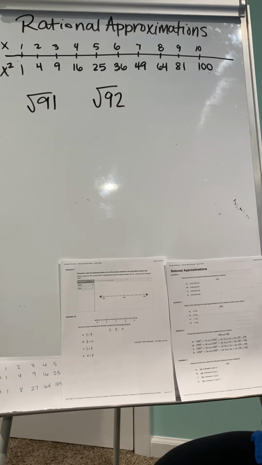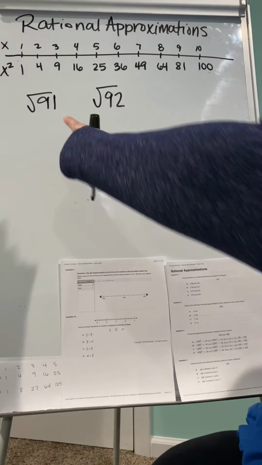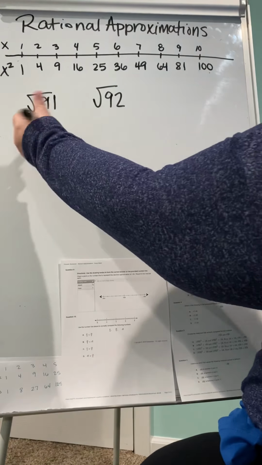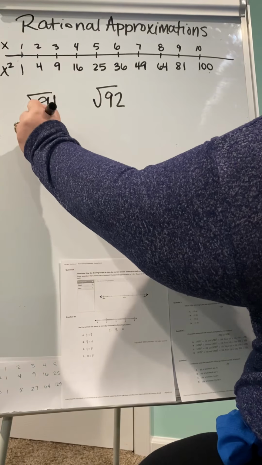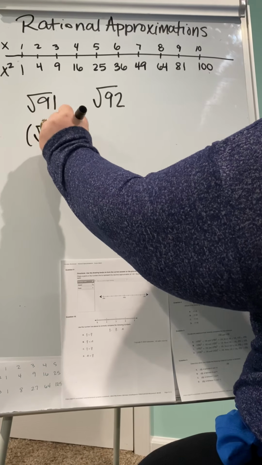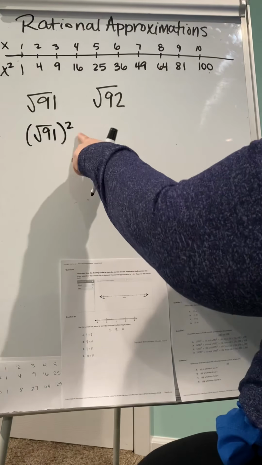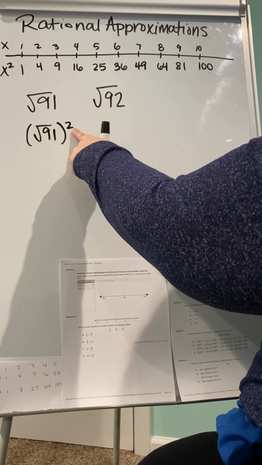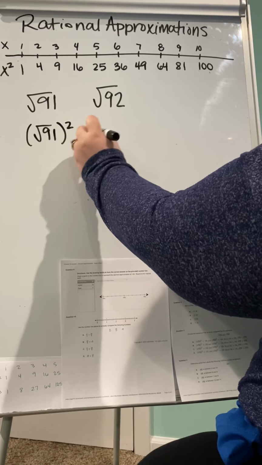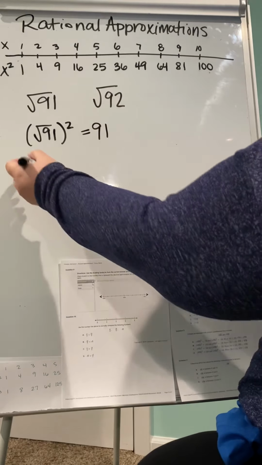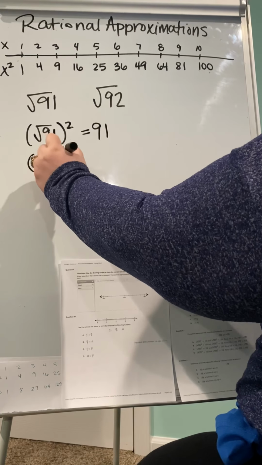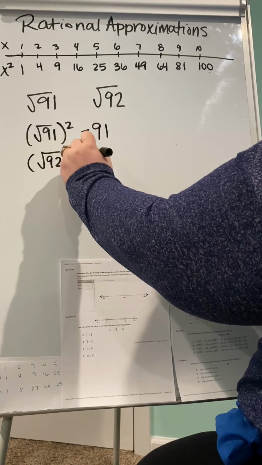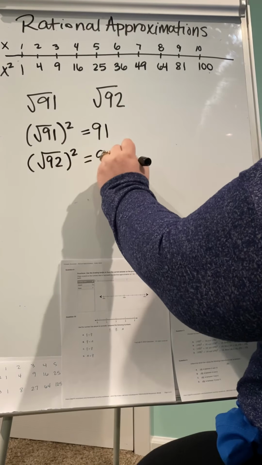Okay. What I know is that if I were to take this number and square it, the square root of 91 squared. Remember square roots, and when we square that, those two cancel out. So that's just 91. I also know that the square root of 92 squared is just 92.